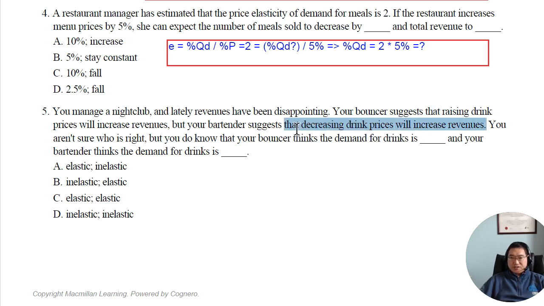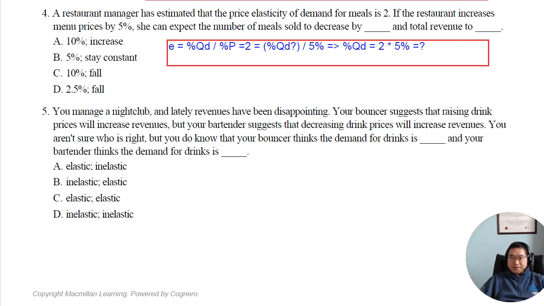These are the two sides of one coin. For the bartender, he thinks if you increase the price, the revenue will decrease. It's the same as saying you decrease the price, the revenue will increase.